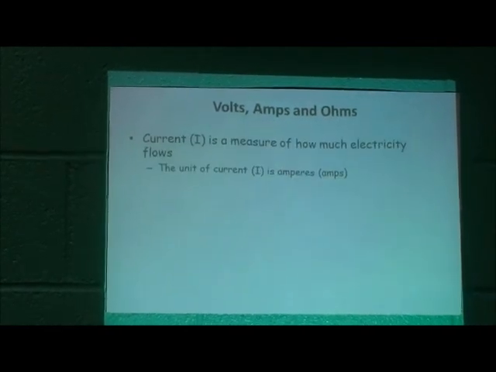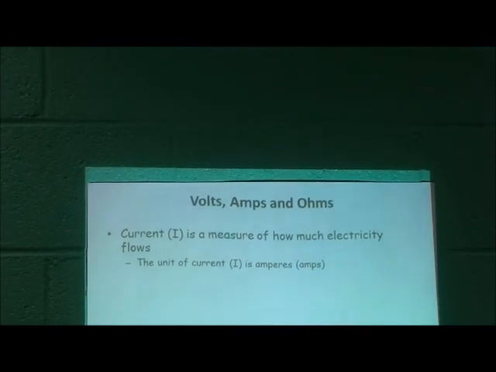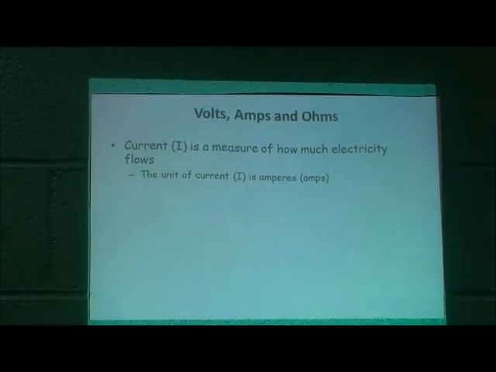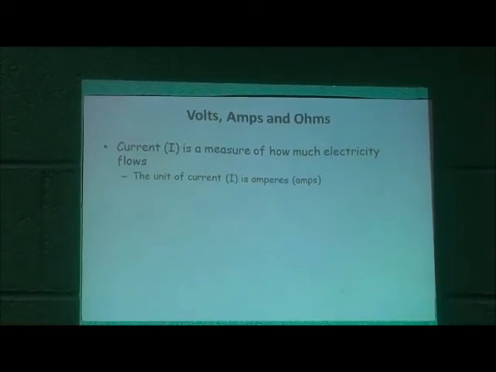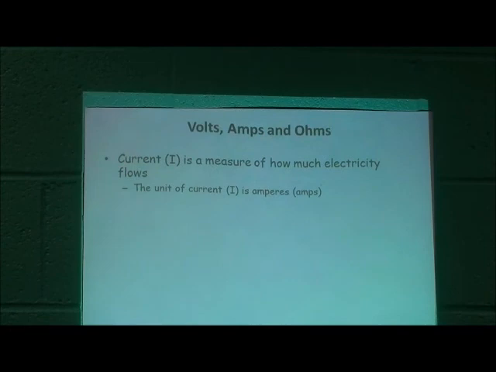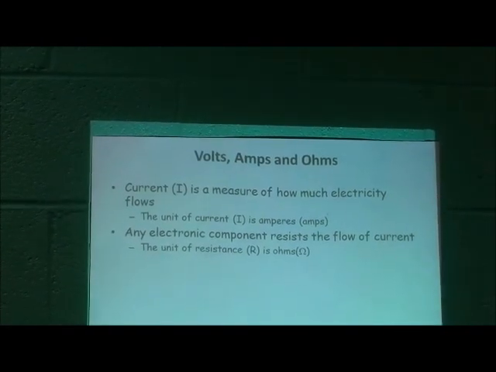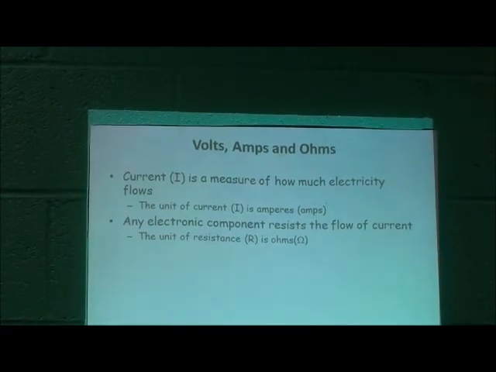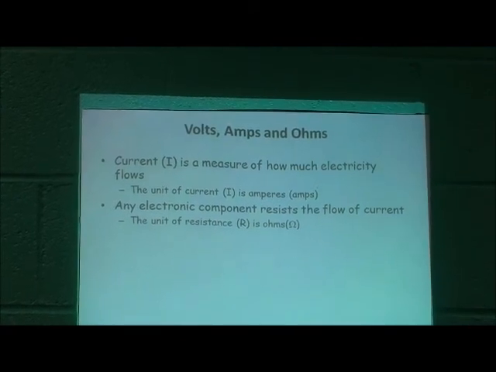At this point, I introduce that current is a measure of how much electricity flows. The unit is called amperes, or amps, and is designated with the symbol I. Any electrical component is going to resist the flow of current, and the way we measure that, we call resistance.